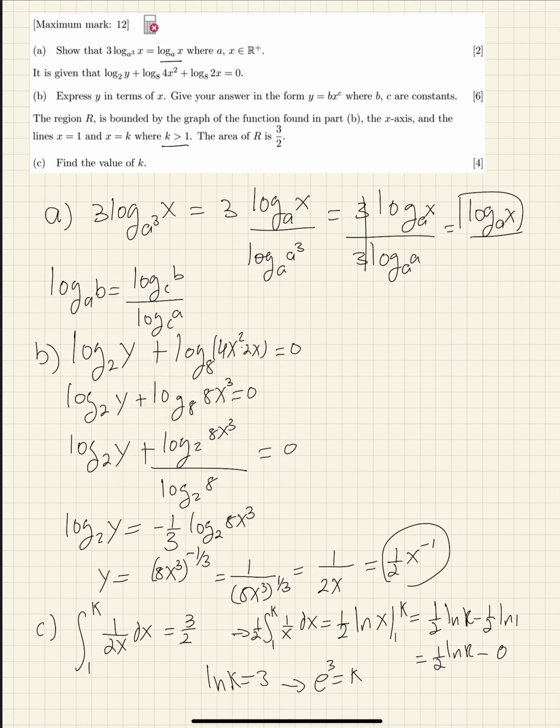You would do that by recognizing that log base 8 of 8x cubed is equivalent to log base 2 cubed of 2x cubed, which would be 3 log base 2 cubed of 2x. And that would allow you to find this form right here.